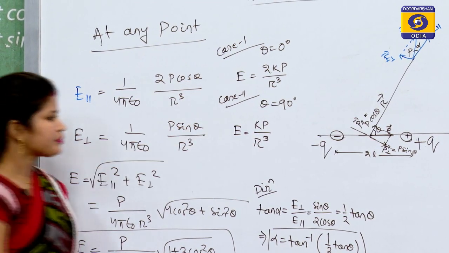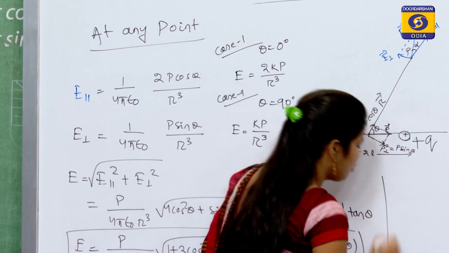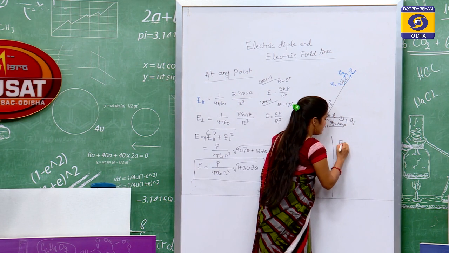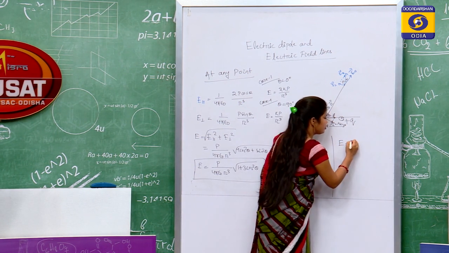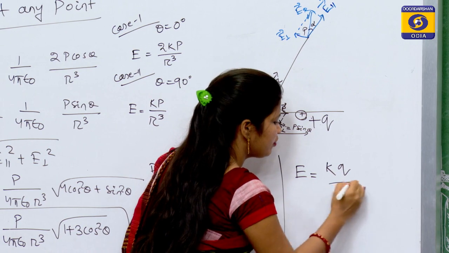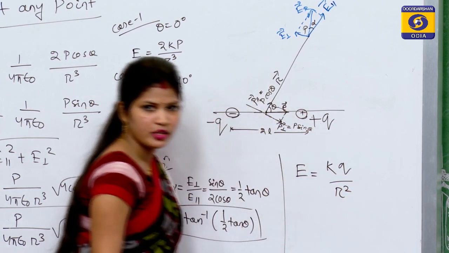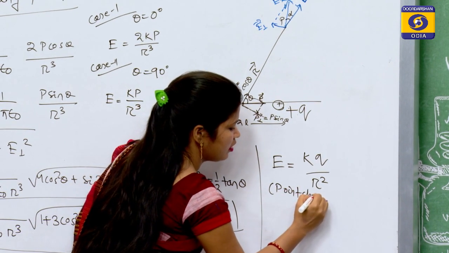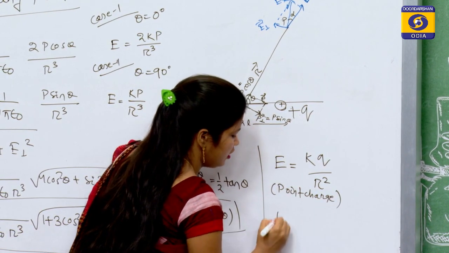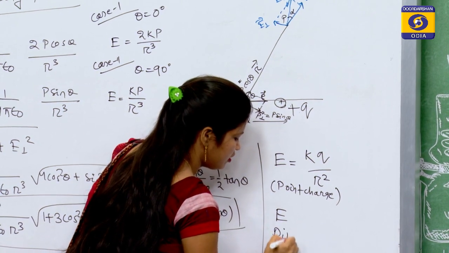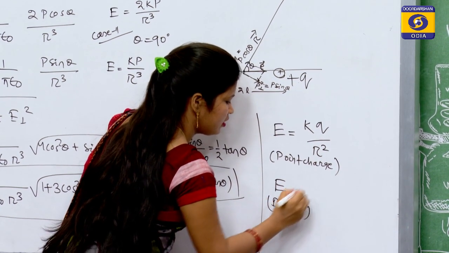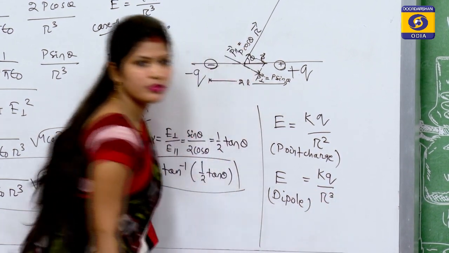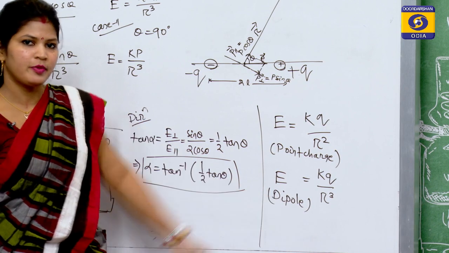From the general formula at any point we can calculate the electric field intensity on both the axial and equatorial lines. Students, you know that the electric field intensity due to a point charge is E equal to k q upon r square. This is for a point charge. And in case of a dipole, E is equal to k p upon r cube. What do you observe from these expressions?